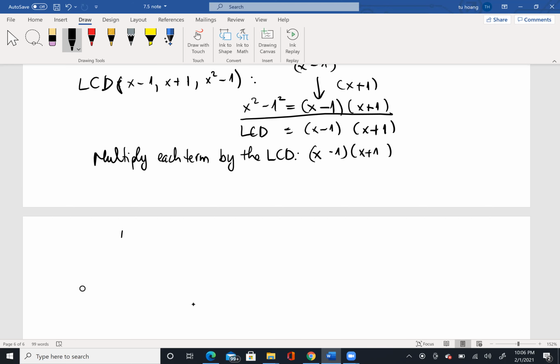I have 1 over x minus 1 plus 1 over x plus 1 equal to, let me rewrite it to have more space, plus 1 over x plus 1 and equal to 12 over x squared minus 1, and x squared minus 1 can be rewritten as x minus 1 times x plus 1.